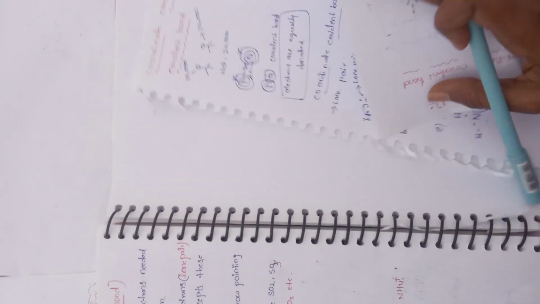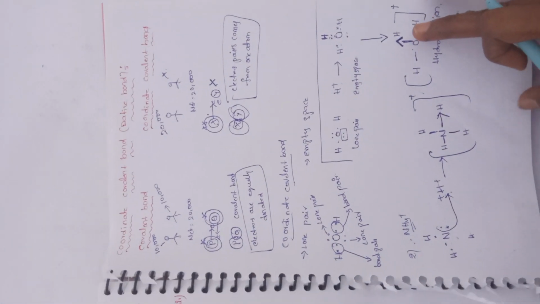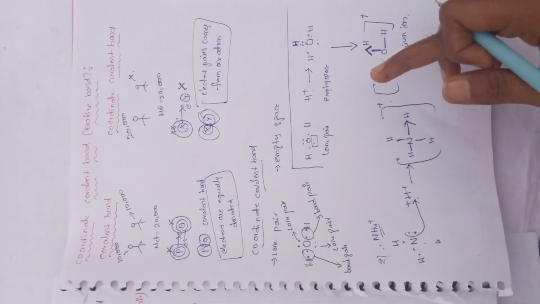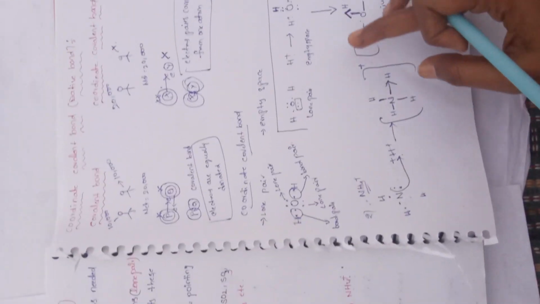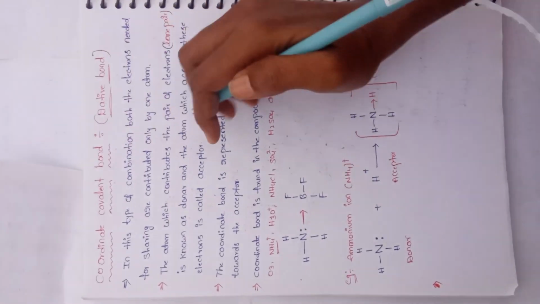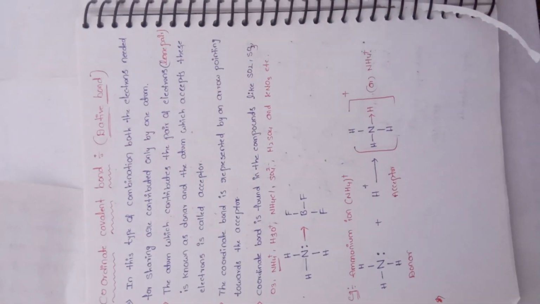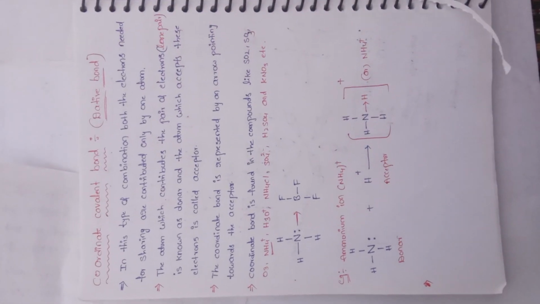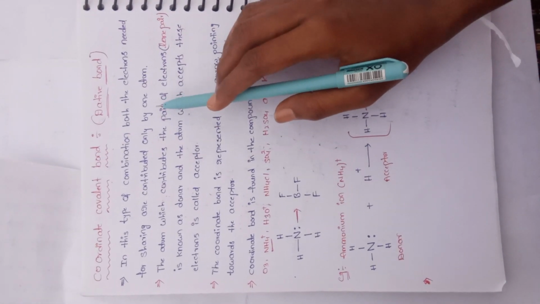So this is an important topic, guys. And for the exam, these are the notes. In this coordinate covalent bond or dative bond, what I explained is the procedure. In this type of combination, both the electrons needed for sharing are contributed by only one atom.